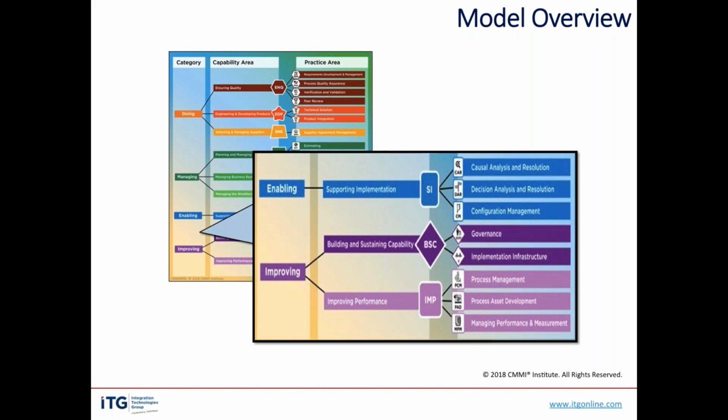In improving, with building and sustaining capability, we're looking for the way that we can sustain process efficiency and performance. And with improving performance, we're looking at the way to establish, track, and measure the performance of the organization so that we're making sure that our goals are aligning with our business needs, okay?